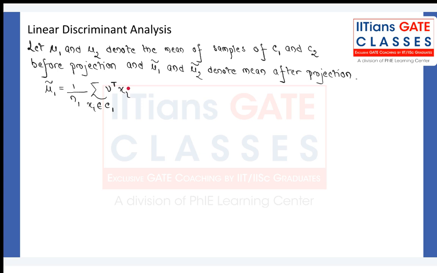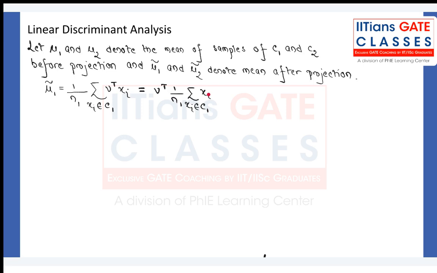This is a unit vector given in the direction of v. I can pull the v transpose out, 1 by n1 summation of xi belongs to class c1 xi.